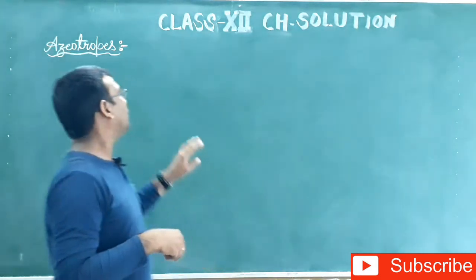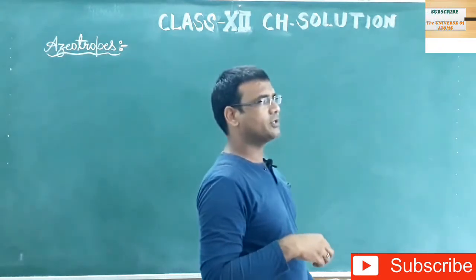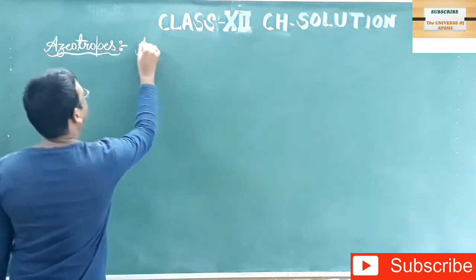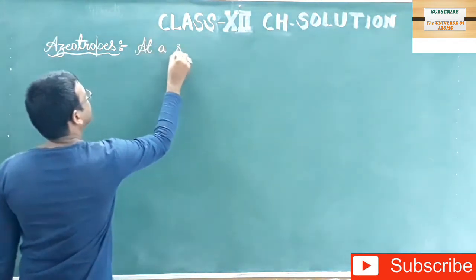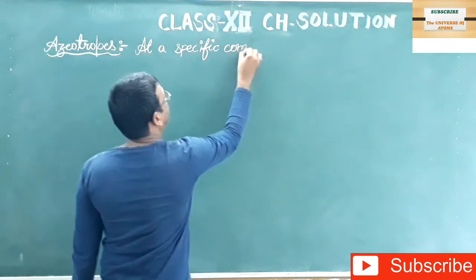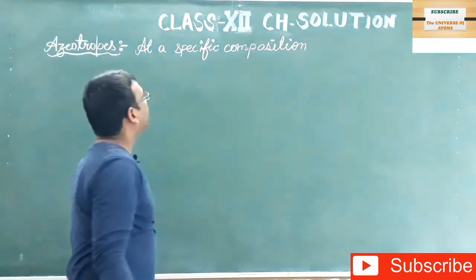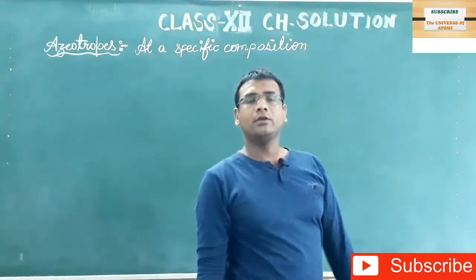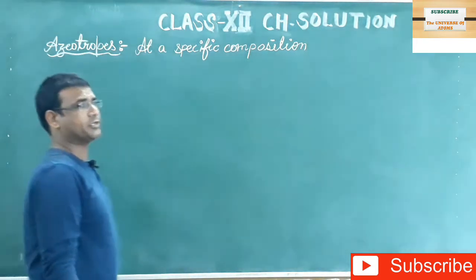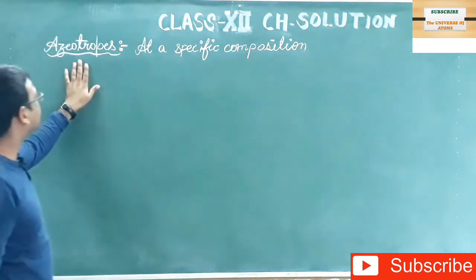So if we make a mixture or solution containing two components, and at a particular or specific composition that solution boils at a common temperature, then that solution or mixture is called azeotrope.